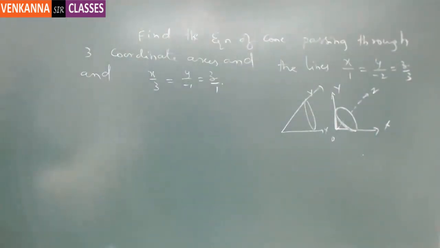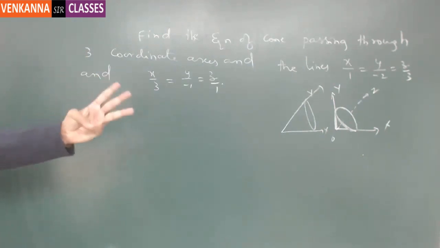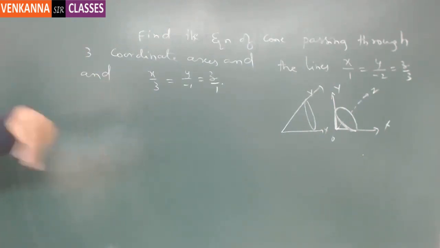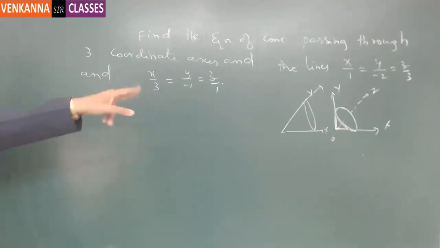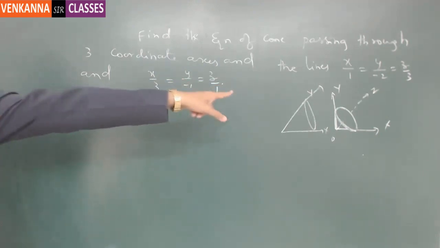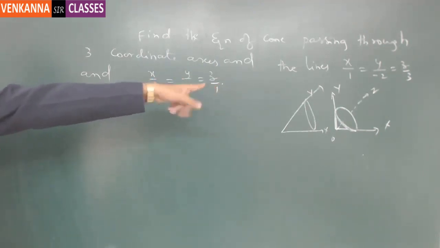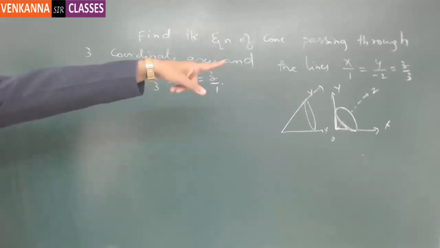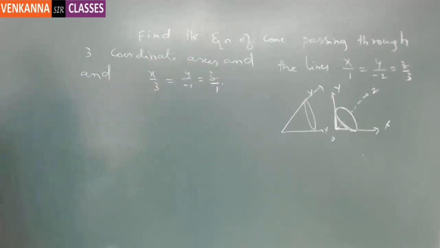So the cone is passing through 3 coordinate axes. Apart from this, it also contains 2 lines which are given there. In other words, it has 2 more generators. The 2 generators are given there. Then for such a cone, you have to calculate its equation. That was the objective. Is it clear? Are you visualizing that?